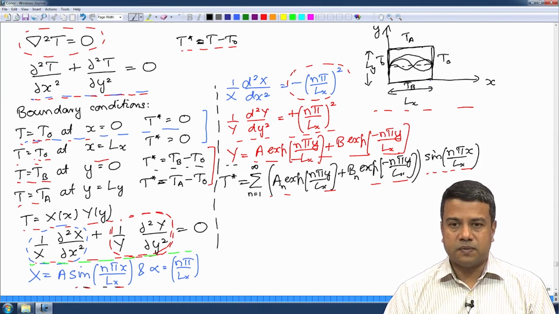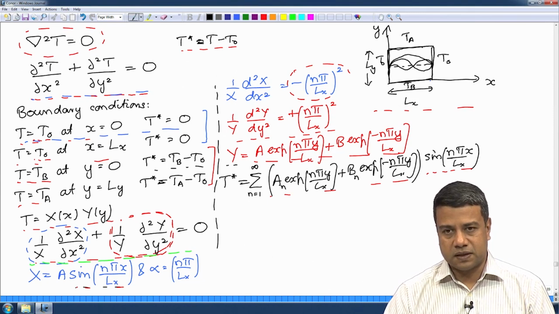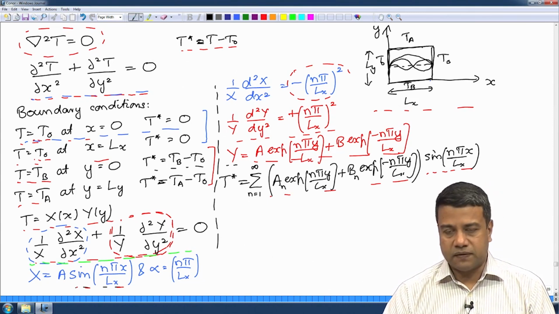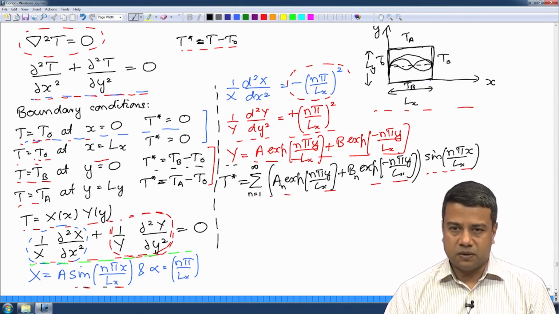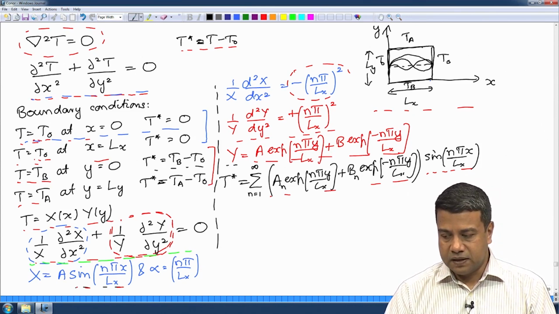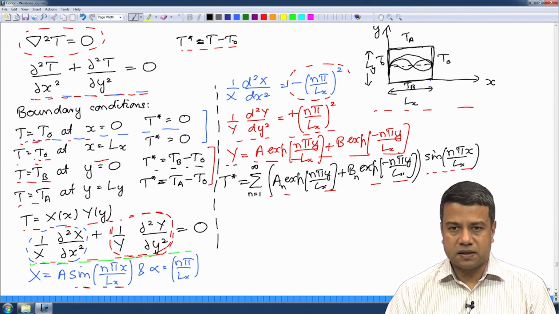Those constants were determined from the initial condition or the boundary condition in the y direction. So, I had shown you how to do that step by step. If you have an inhomogeneous steady state problem, identify the homogeneous direction and use sine functions in that direction that satisfy the homogeneous boundary conditions in that direction. The equations in the other direction you can solve.